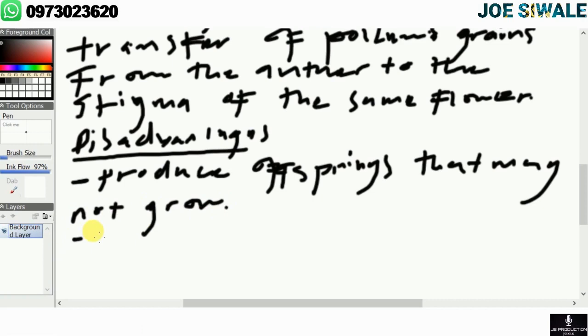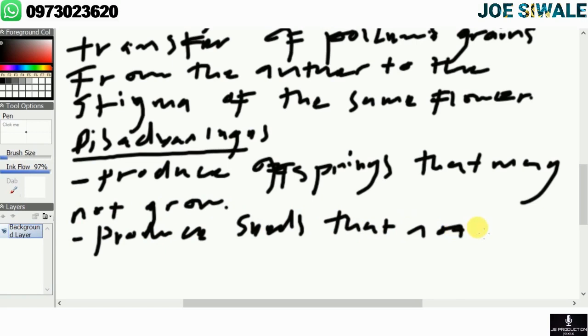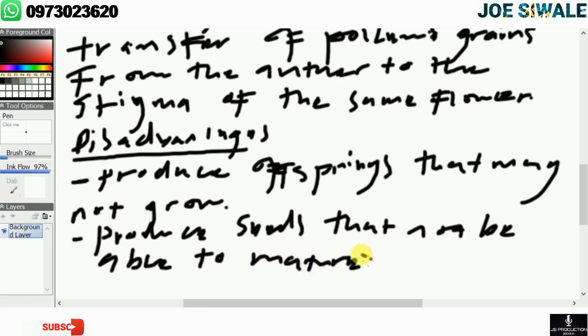Then the other disadvantage is that they may produce seeds that may not be able to mature.